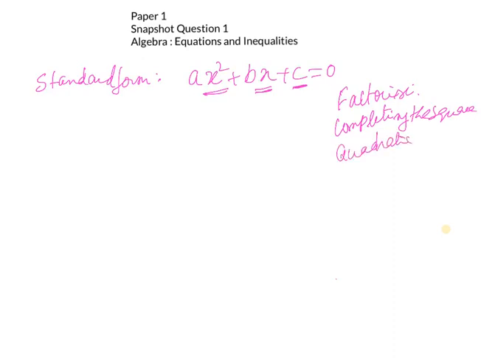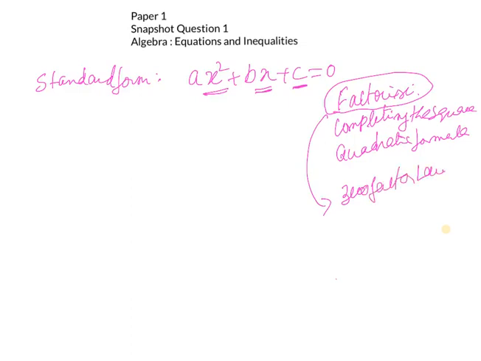There may be other methods, but our CAPS document is confined to these three methods, and we must be familiar with these three methods. Factorizing originates from a very important understanding which I call the zero factor law or zero factor theory, whatever you call it. A times B is equal to 0 implies A is equal to 0 or B is equal to 0.